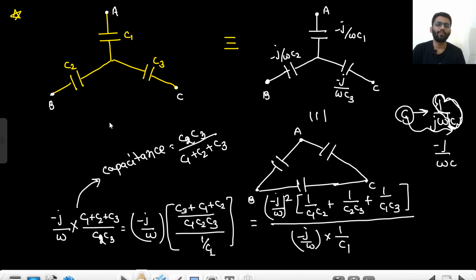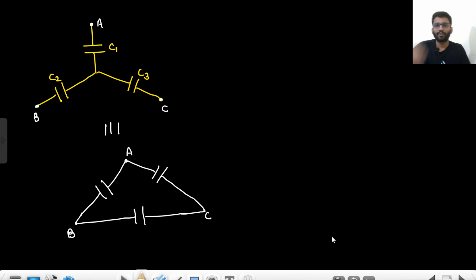Okay, so now how will we write it finally? Let's move on to the next page. In case of capacitance, it is not the same as the inductor and resistor. So what will you do? You are taking between these two. This is the capacitance between these two nodes, between A and B. So how will you write it?